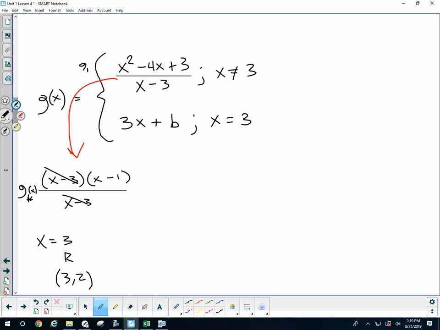So that means that top piece is approaching 2 as x is approaching 3, or the limit as x approaches 3 of this top piece, doing this by hand, is 2. Well, this point at 3 has to equal that number.